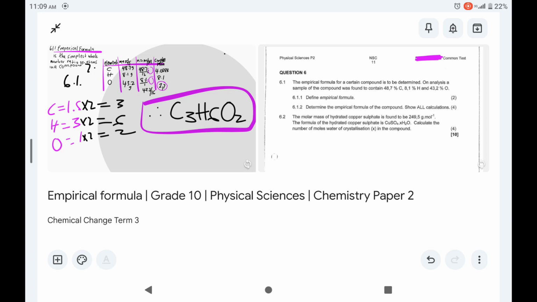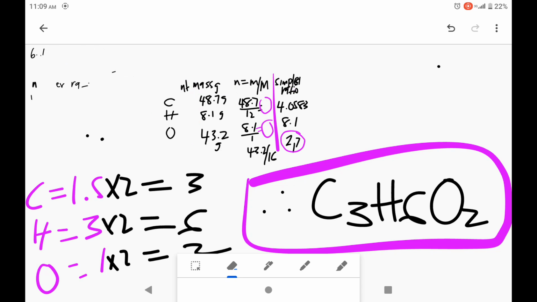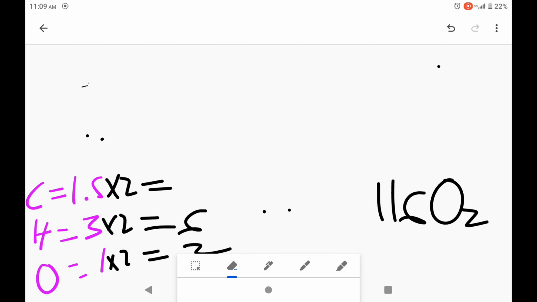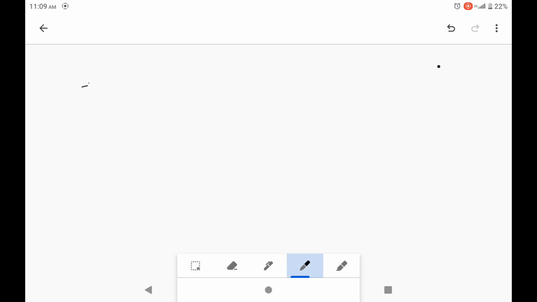This is not really complicated, honestly. Let me wipe out everything, and we do this question 6.2, right? Water of crystallization is so simple and 3 marks. You need to make sure you get these marks.